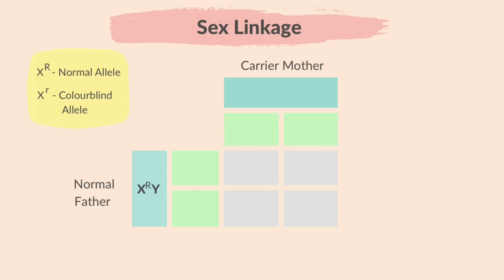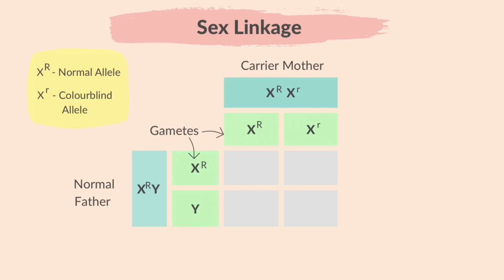So the genotype for the normal father will be X capital R Y, and for the carrier mother it will be X capital R X small r. The gametes will be X capital R and Y for the father, and for the mother it will be X capital R and X small r.